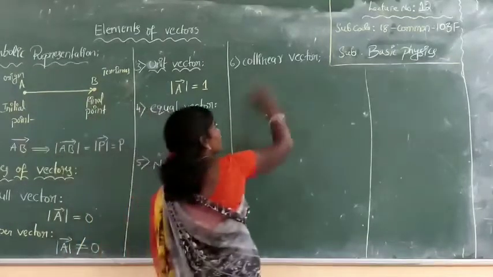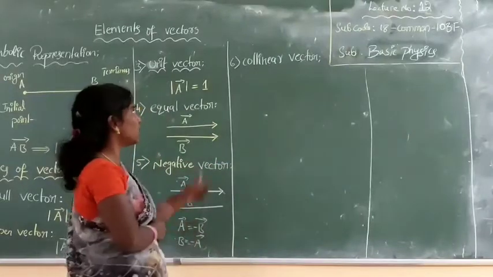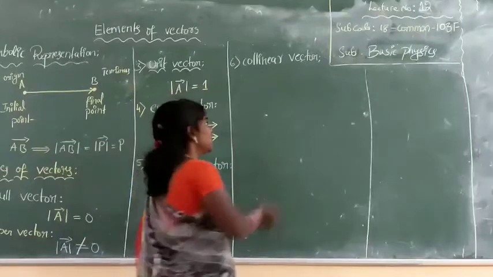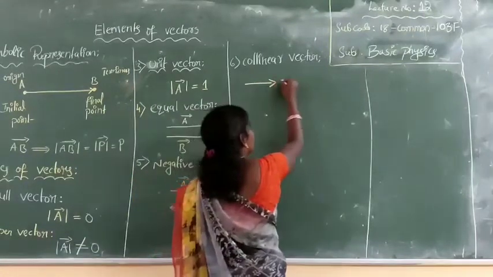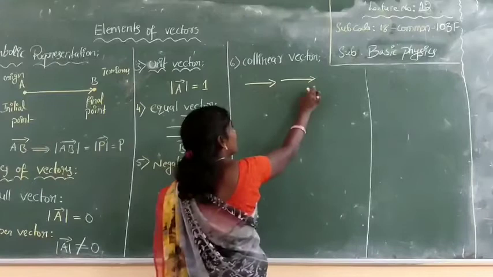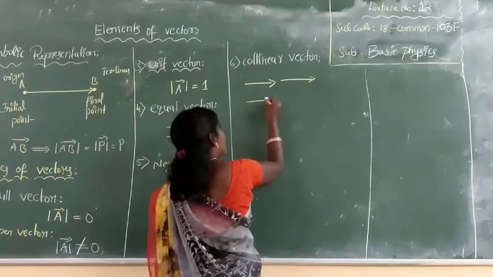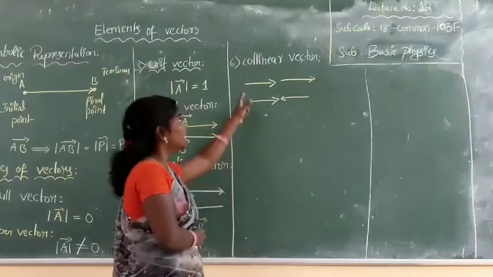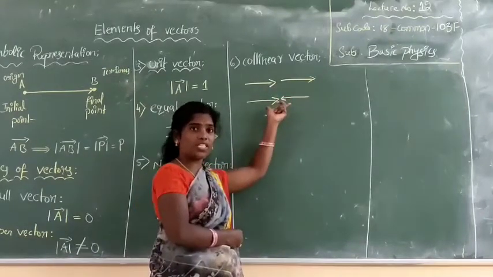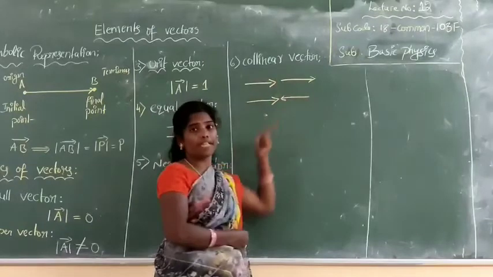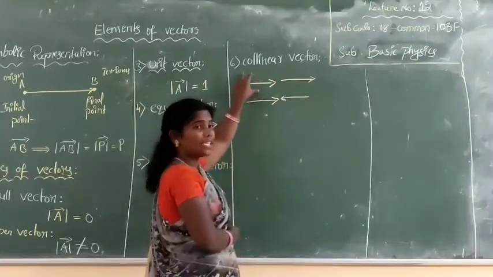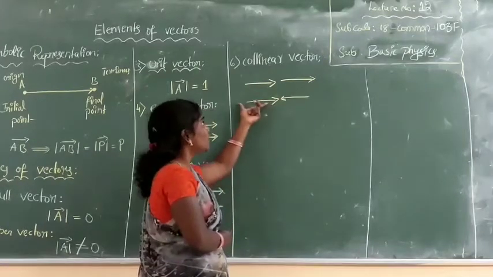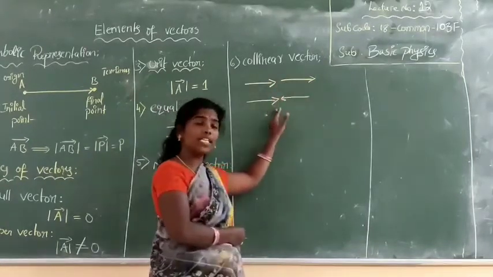Next, collinear vector. Collinear vectors are vectors that lie on the same line or parallel lines, irrespective of magnitudes and directions. They can be on the same line or on parallel lines, but irrespective of magnitudes and directions.